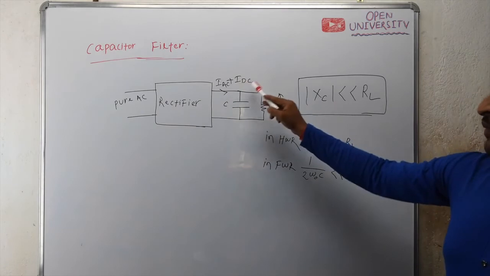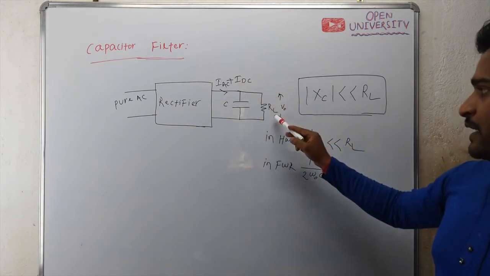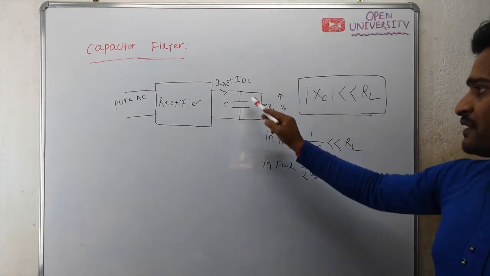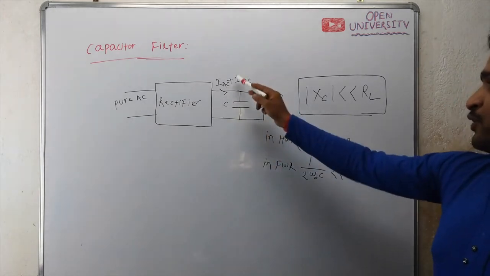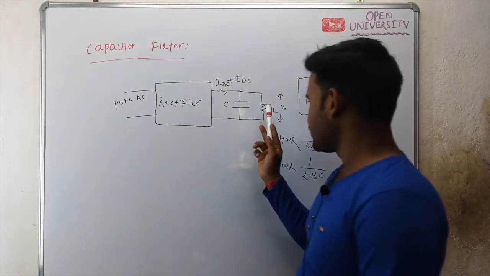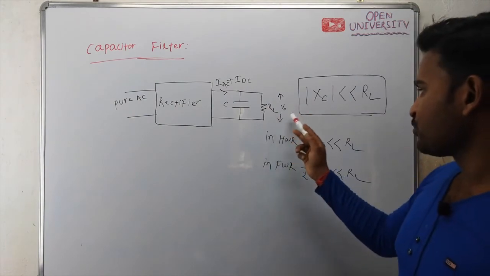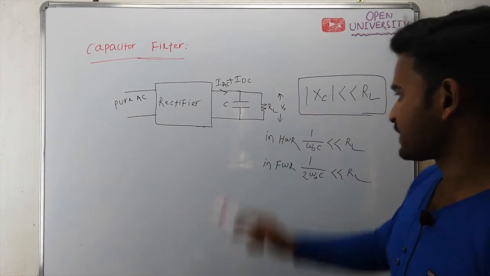The DC component will pass directly to the load, because for DC the capacitor becomes open circuited. So in the output of the filter, you will get a little amount of AC and DC.